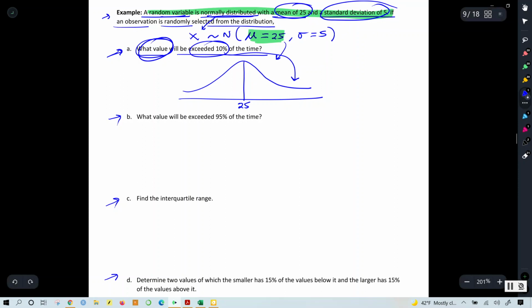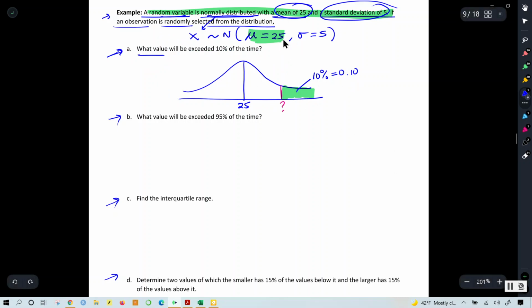So I need to locate a number that is unknown. This value is coming here, and the area above it is equal to 10% or 0.10. So with that said, we are ready to find this inverse problem.